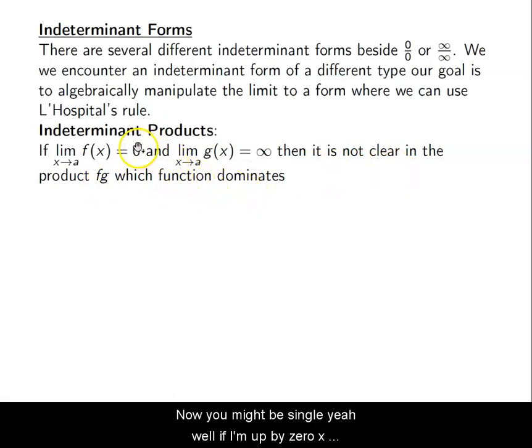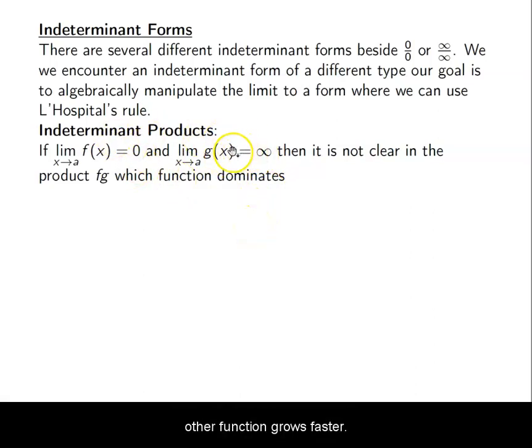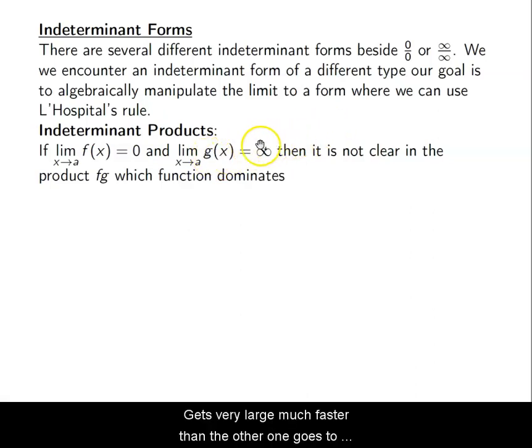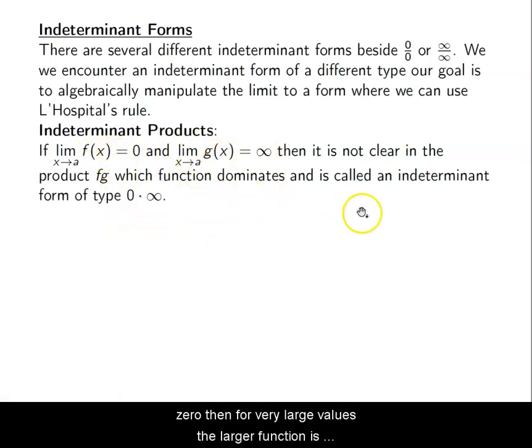Now you might be saying, well, yeah, if I multiply 0 times infinity, then that's 0 no matter what. But not if the other function grows faster than the other one decreases, right? So if I'm multiplying two functions and one gets very large much faster than the other one goes to 0, then for very large values, the larger function is the one that dominates, okay?